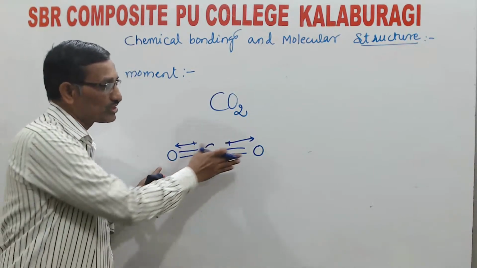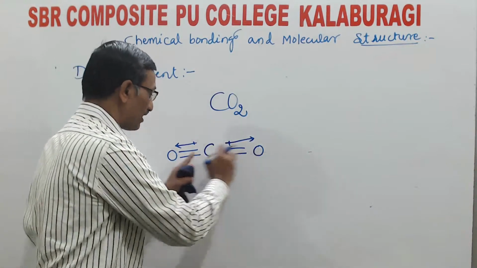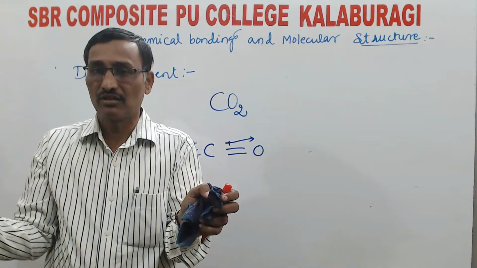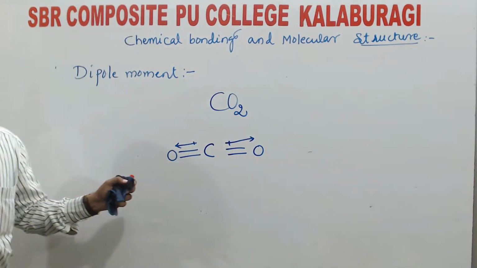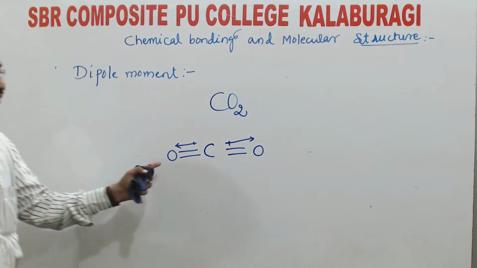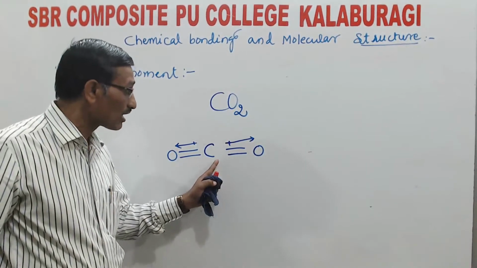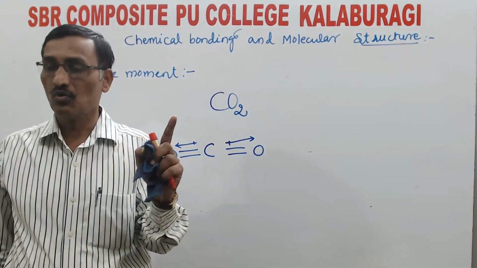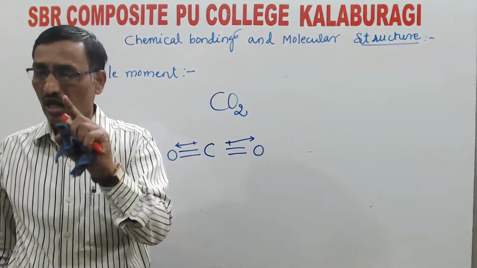In which direction are both of these? This CO bond and this CO bond are both acting in opposite directions. So what did we come to know for this carbon dioxide molecule? Whether it has a dipole moment value, how much?